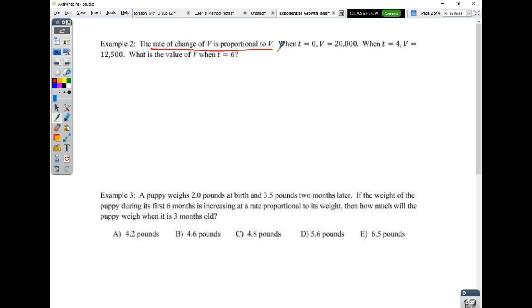You're going to have to identify that. So you need to know that this is the key phrase, the key statement inside any exponential growth and decay problem. So mathematically, that says dv dt is kv.